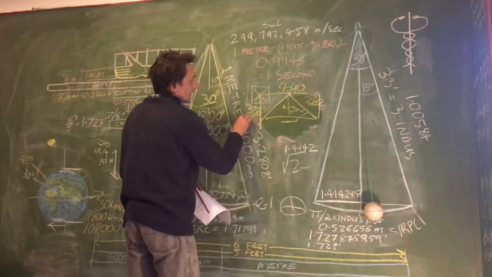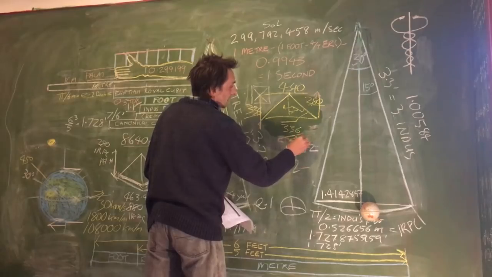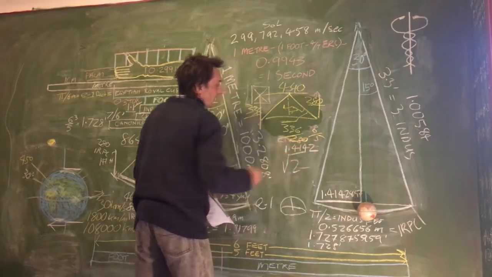That's at a 5:6 ratio. 336 over 280 equals 6/5.